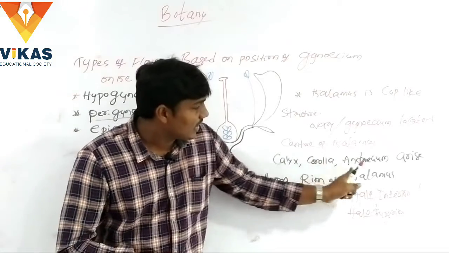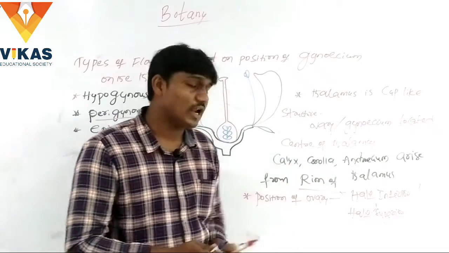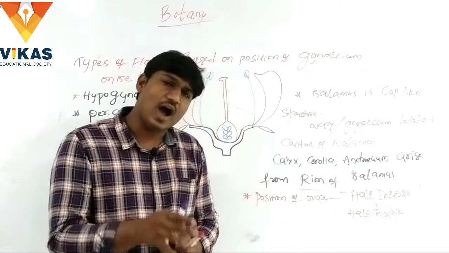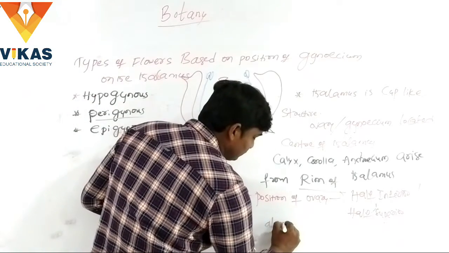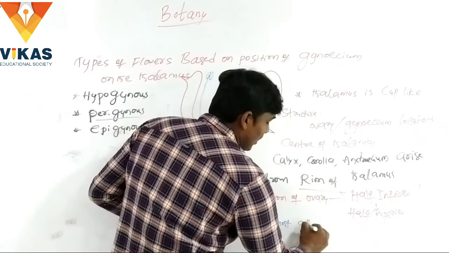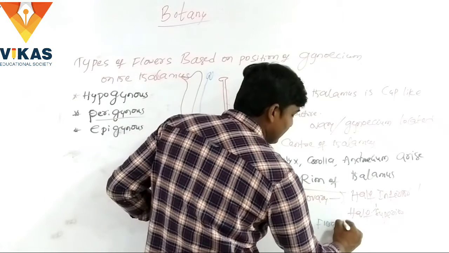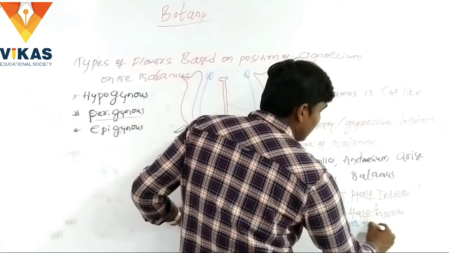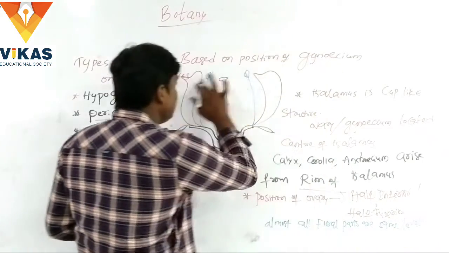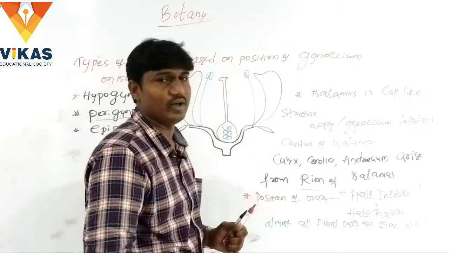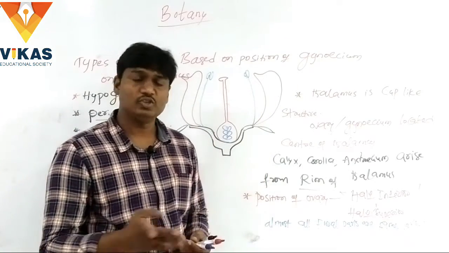The calyx, corolla, and androecium arise from the rim of the thalamus. Almost all floral parts are at the same level.